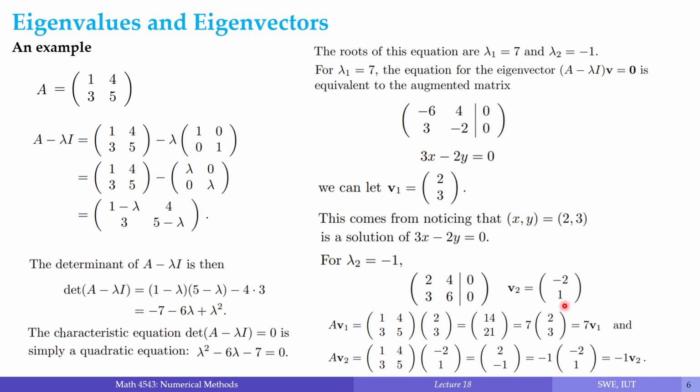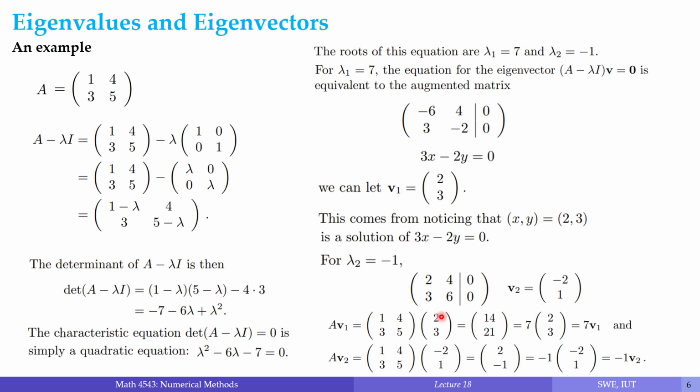Now we can of course verify whether the answers that we have gotten are correct or not. What can we do for that? We can multiply that eigenvector with our original matrix A, and whatever resultant vector we end up with will for sure be a scalar multiple of my eigenvector. For example, they got 14 and 21 as the resultant vector, and 14 and 21 is a scalar multiple of this 2, 3 vector.